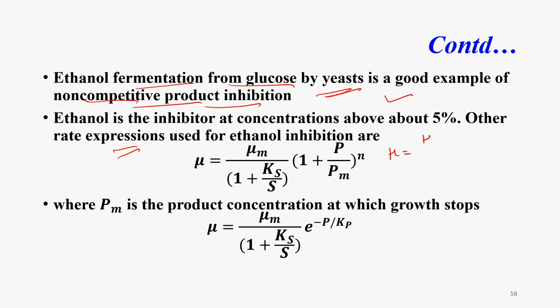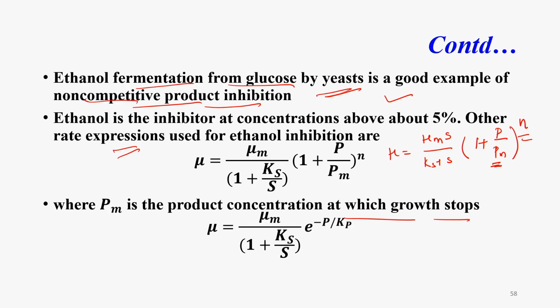Apart from non-competitive, the experimental data also correlate with a simple expression model which says mu equals mu max S upon Ks plus S, with one term added, P upon Pm to the power n. What is Pm? Pm is the product concentration at which growth stops, and n is a constant.